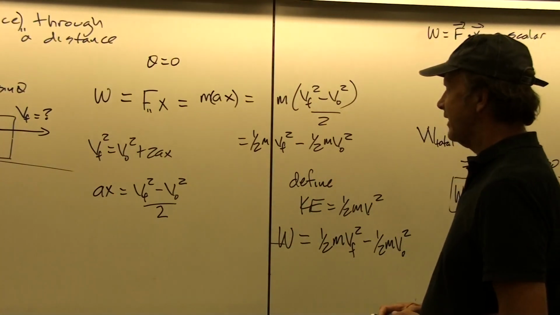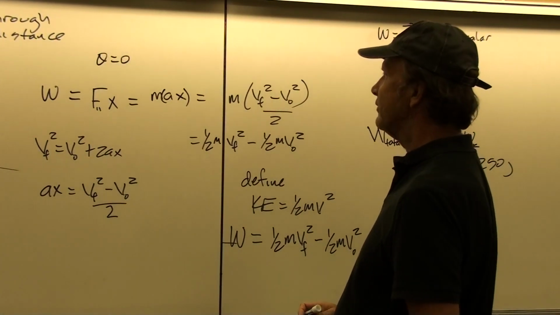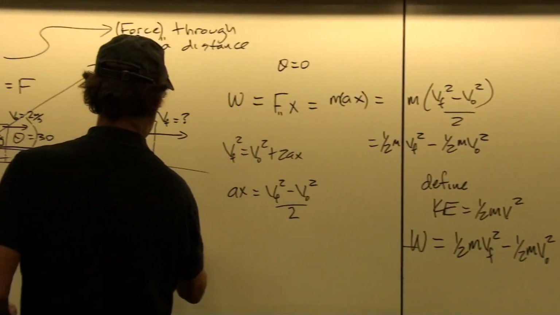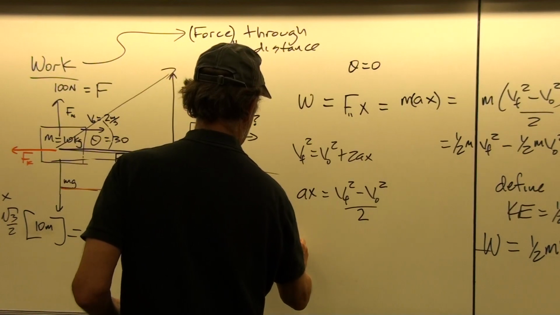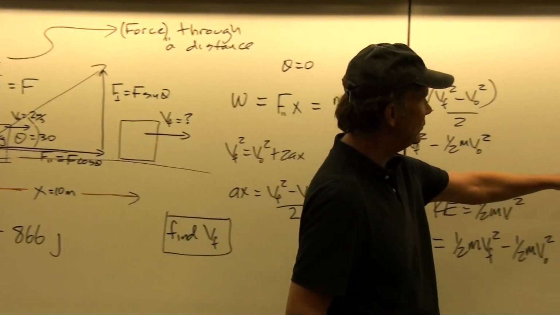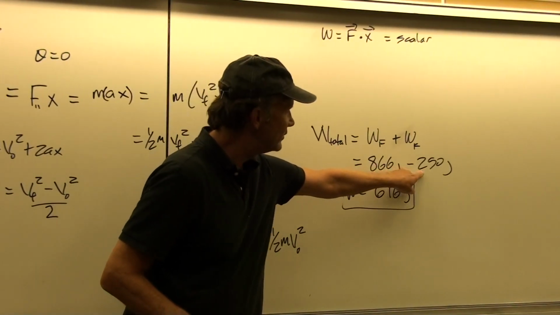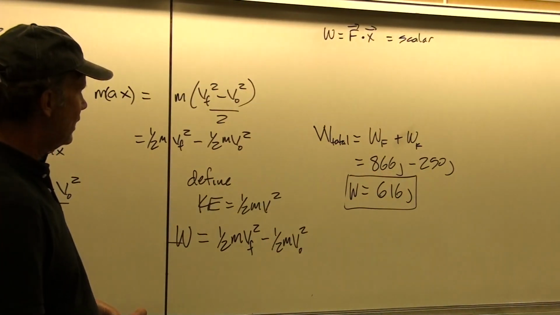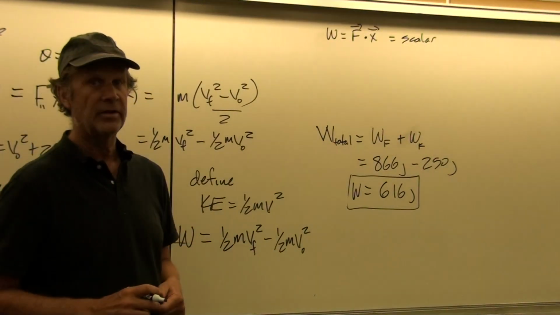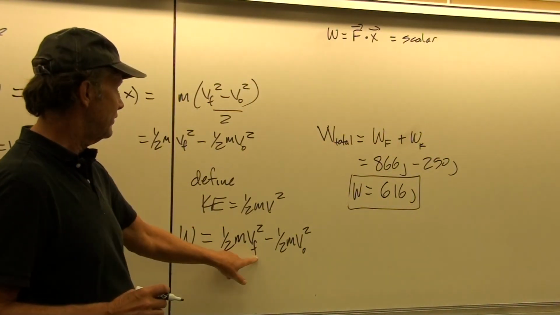And so you might say, well, now I want to find V final. That's the question here. If we want to find V final, then we already have the work that's done, because we have the work done by the external force and the work done by friction already figured out.